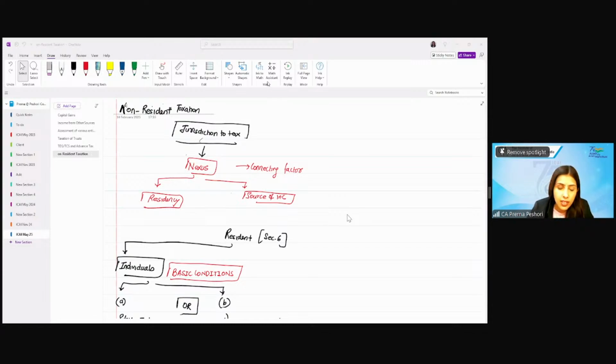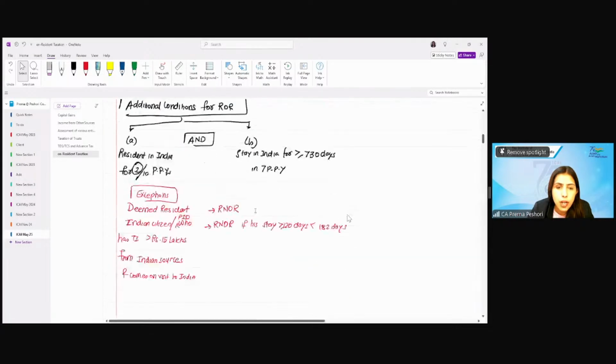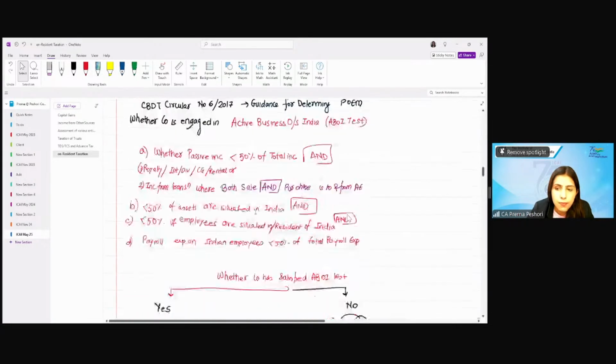But having said that, it still remains a very, very important area which you need to understand. So let us start with it. I'll just quickly revise with you about the indirect transfer.